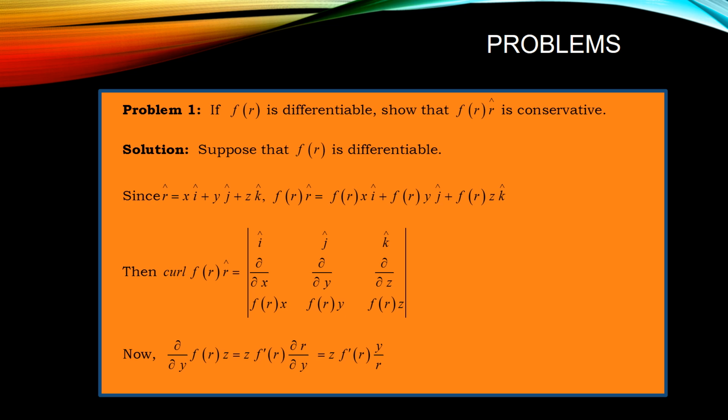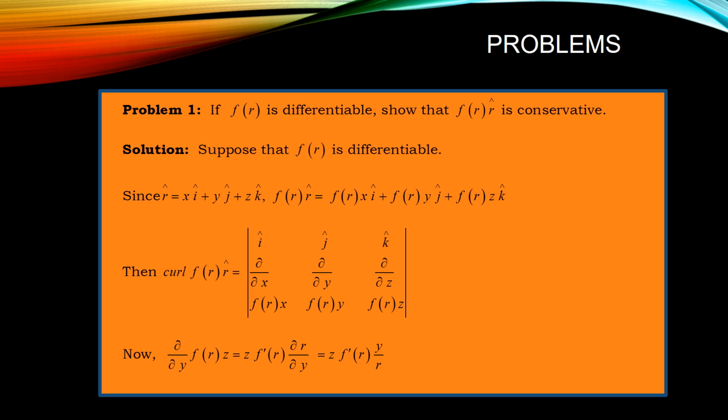Now curl of f(r)r equals a 3 by 3 determinant: i, j, k on the first row, ∂/∂x, ∂/∂y, ∂/∂z on the second row, f1, f2, f3 on the third row.